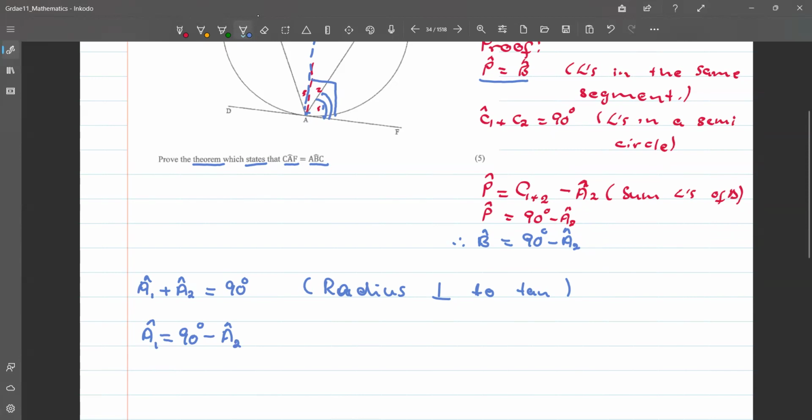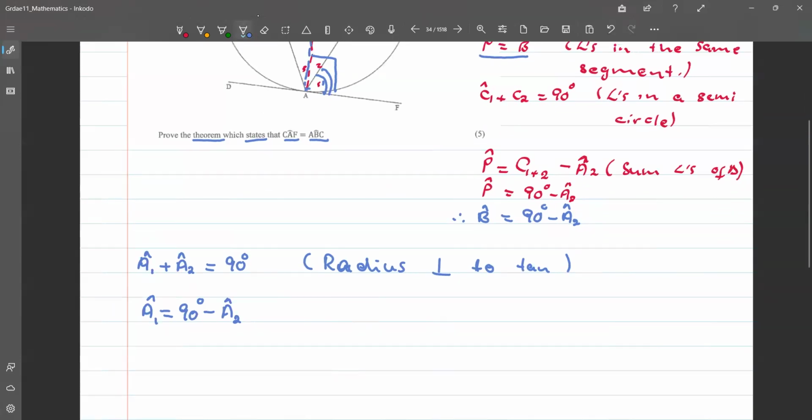It is B. So then we can say, therefore, A1 equals angle B, which equals 90 minus A2. All right. Now we are happy. That's all that we needed. What is A1? If you remember, A1 is CAF, from our main question.